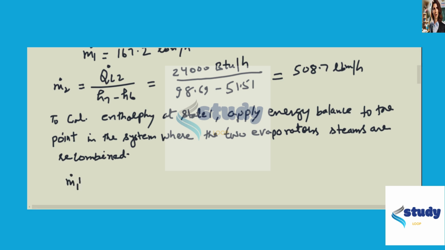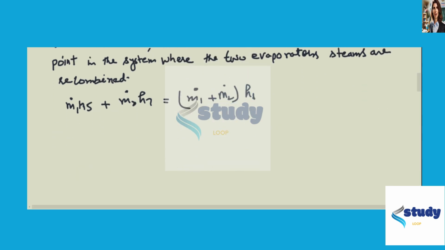Mass flow rate of evaporator 1 into enthalpy plus mass flow rate of evaporator 2 into enthalpy is equal to the total mass flow rate into enthalpy at state 1. So from here, H1 you will get is (m1 h5 plus m2 h7) upon (m1 plus m2), putting the values as given above.